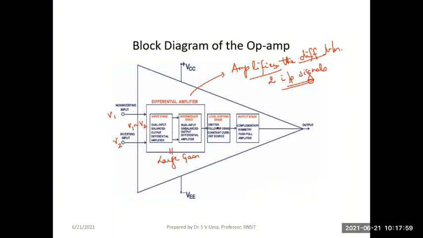The level shifting stage is basically an emitter follower. We have studied the emitter follower or source follower circuit. You remember the common drain amplifier which we studied in FET amplifiers, module 2. If I use a BJT in place of an FET, it becomes an emitter follower.